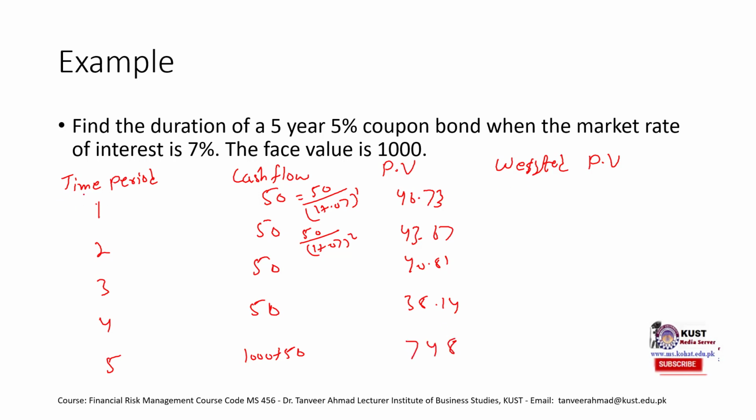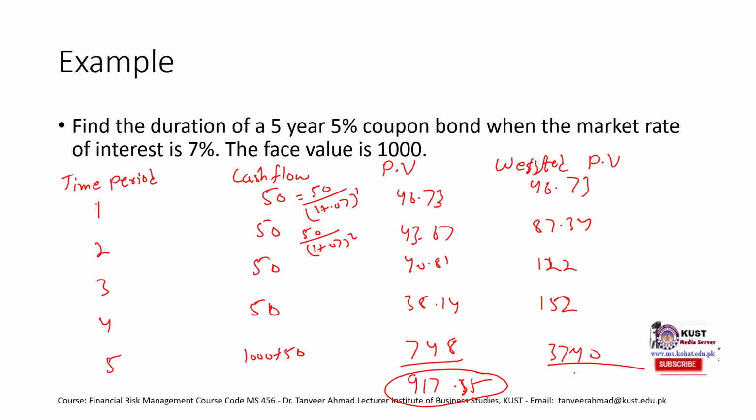Then we multiply it with the time period and we get 46.73 multiplied by 1 is 46.73, 43.67 multiplied by 2 is 87.34, and so on, and then we have 3740. If we add them up, we would have 4152. The sum of present values is 917.35. Remember, this is the bond price that was calculated in the previous formula.